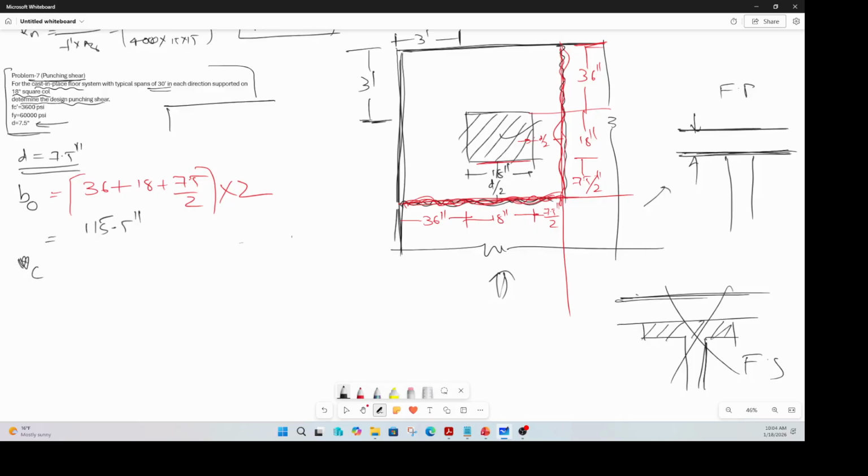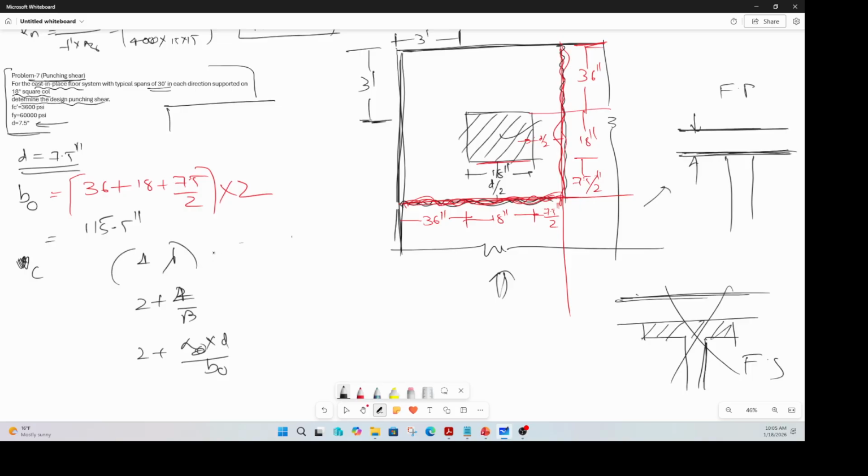Now we talked about this vc in the code. This is small vc, that means your shear capacity of the concrete. You have to find out 4 times lambda, then 2 plus 4 by beta, and then alpha s times d by b naught, I think.